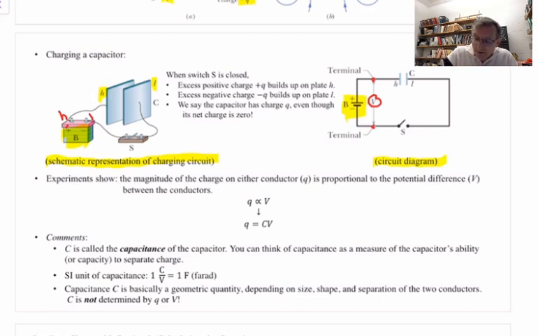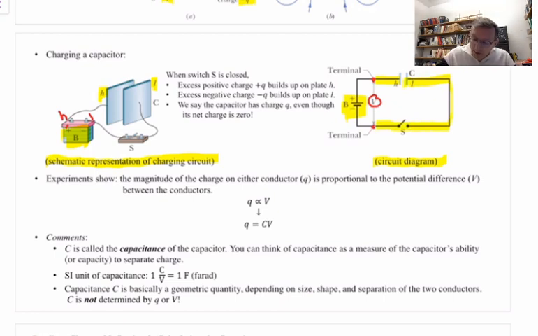So to those terminals we use wires, and with one wire we hook up to one plate of the capacitor, and since that wire is connected to the high terminal of the battery, the high potential terminal, that'll be the high potential plate of the capacitor. And then we go through a switch with another wire to the other plate of the capacitor, and that'll be the low potential plate.